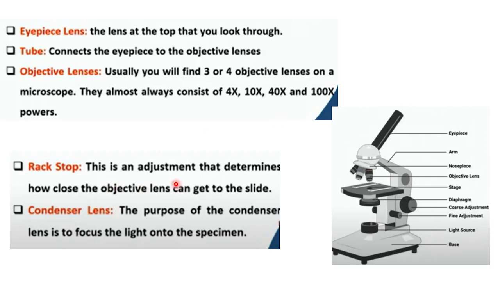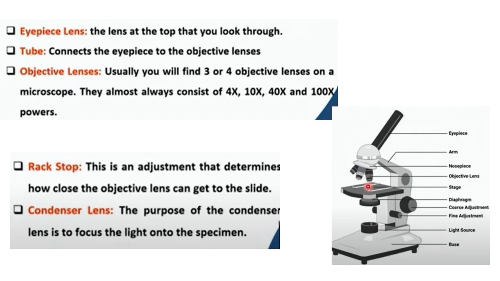And the rack stop is an adjustment that determines how close the objective lens can get to the slide. You put your sample here, on the sample holder. Just by rotating this knob, you can change the distance between the lens and your object.